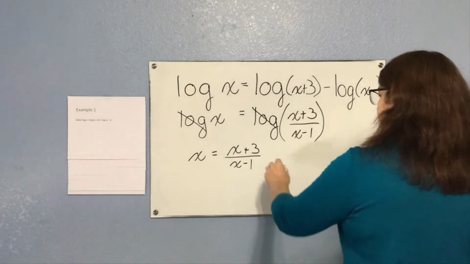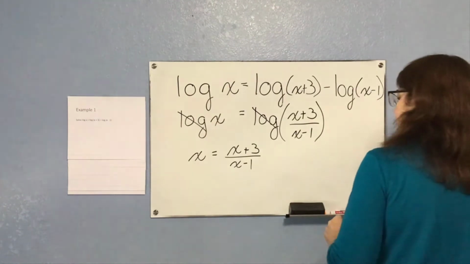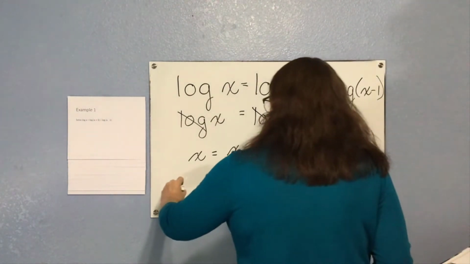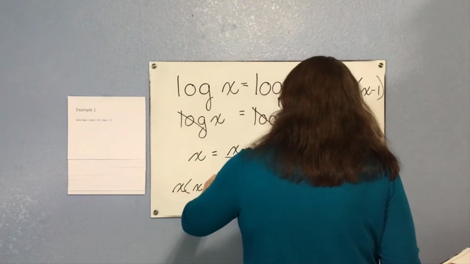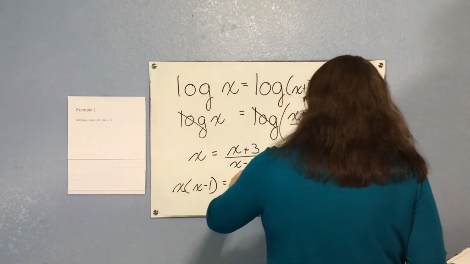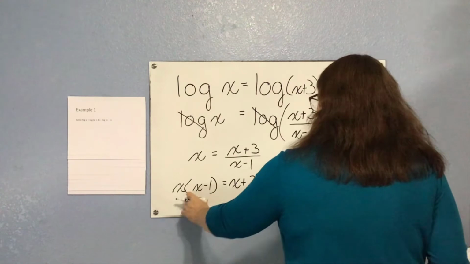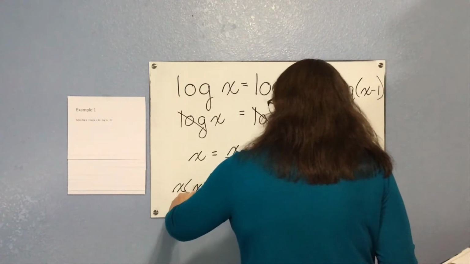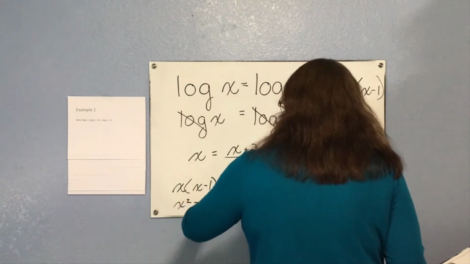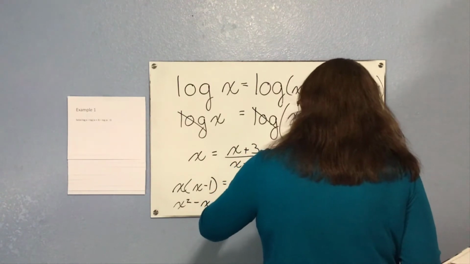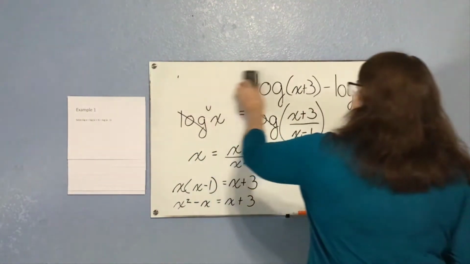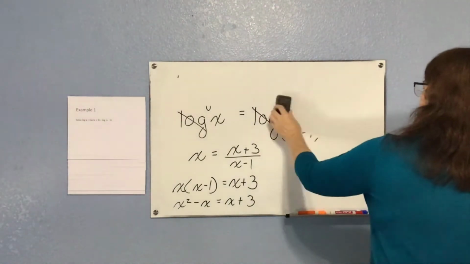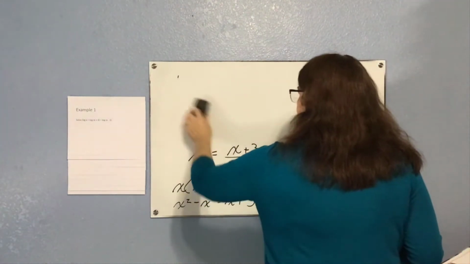I'm going to multiply both sides of this equation by x minus 1 so I don't have the fraction anymore. And then I'll distribute this so I have x squared minus x equals x plus 3. So now this is a quadratic equation, which we've solved before.